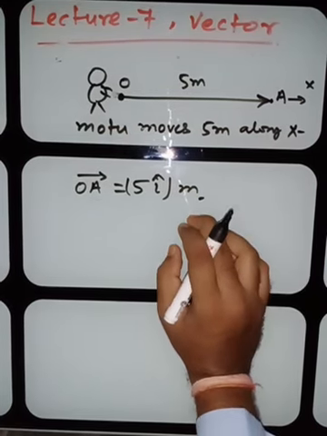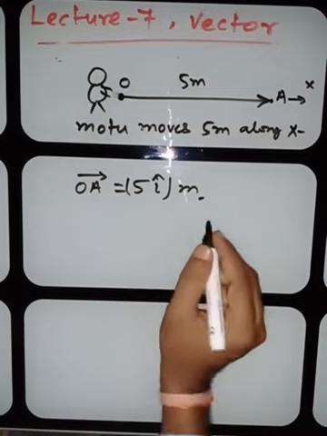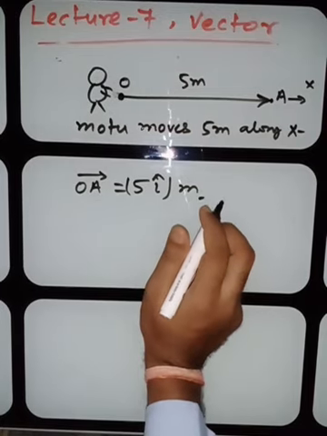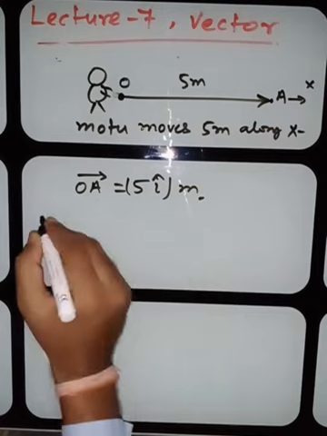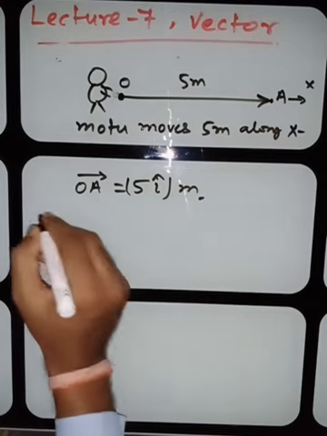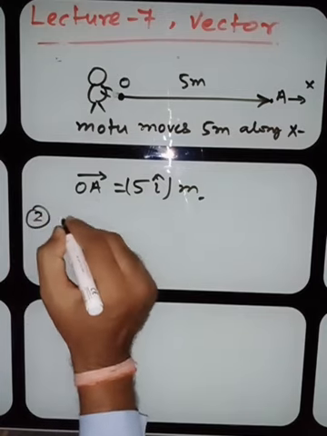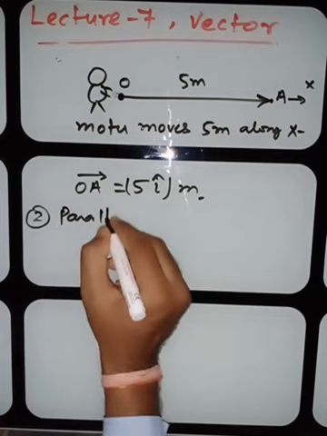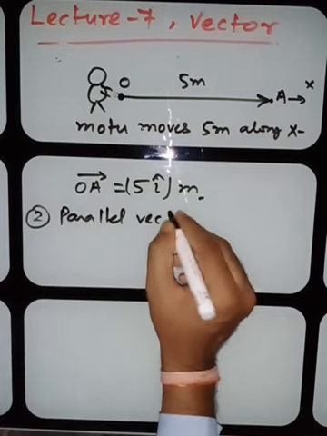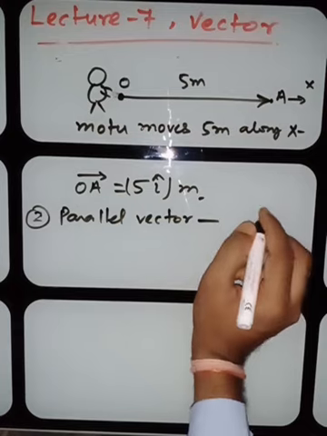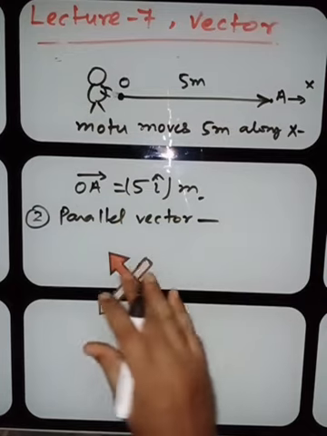Now the next one. The first vector was the unit vector, which we have studied in great detail. Now the second one, the parallel vector. So the property of parallel vectors, my dear students, look here.